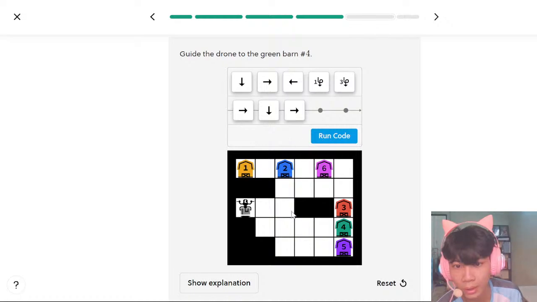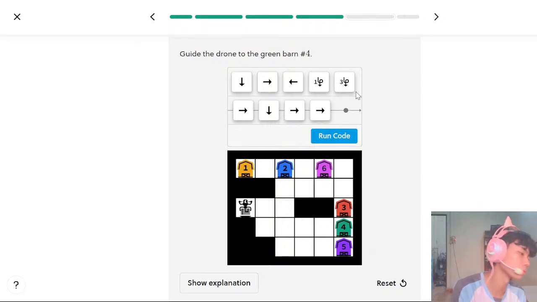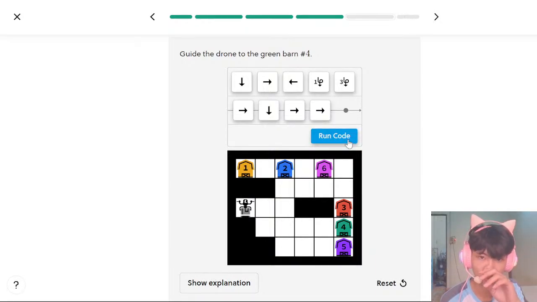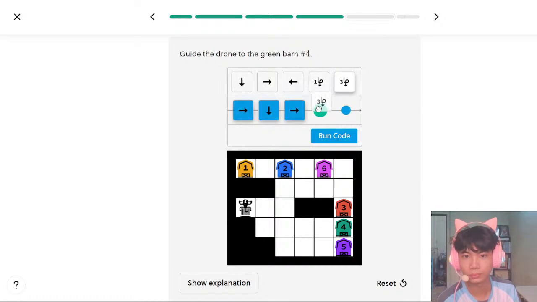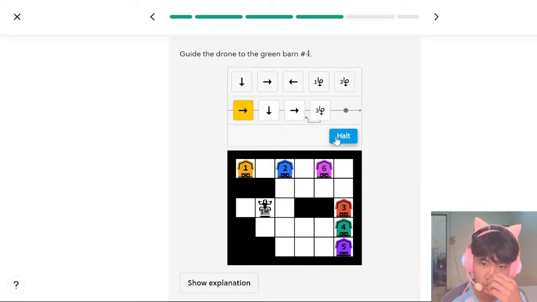Go to the right, we are here. Go to the right, we are here. Oh, we have repetition 3. So if we want to do it, we just do. It's so easy when we just do 4 steps.